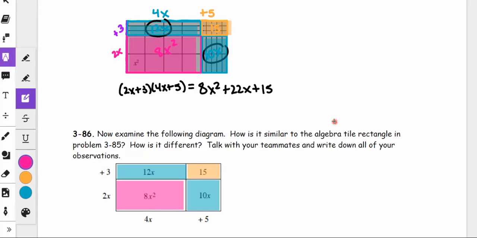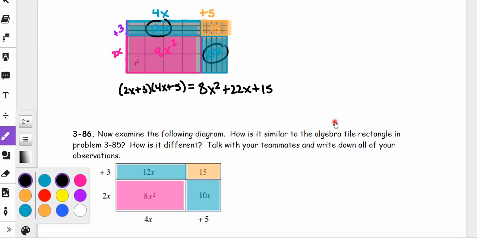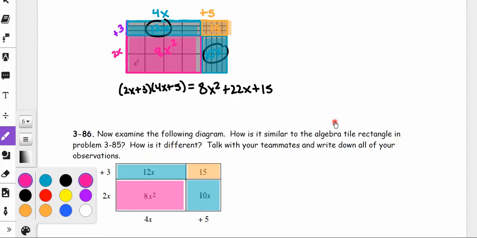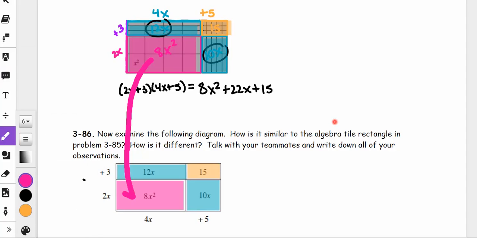So instead of doing it and drawing it out separately, we have them grouped together. I have grouped these 8x squared separately, they are all 8x squared.